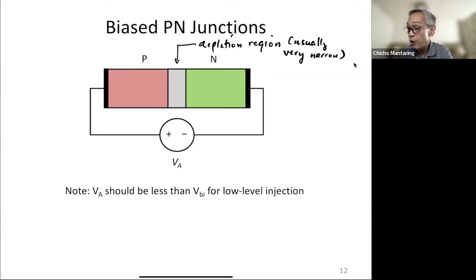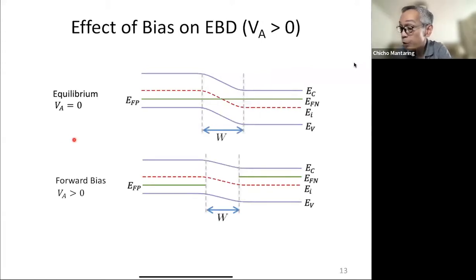What is VA going to do? If originally this was my equilibrium, where this is Q VBI, if VA is greater than 0, that is, if we apply a positive voltage at the P with respect to the N, this is going to decrease.